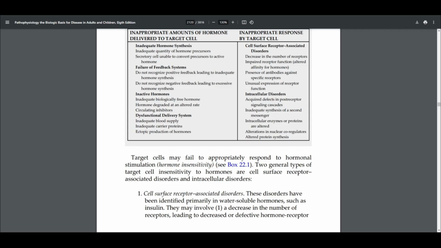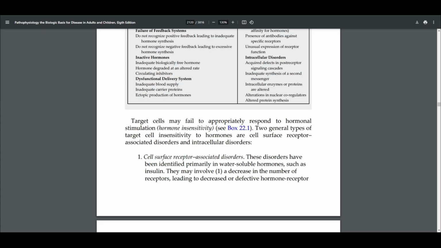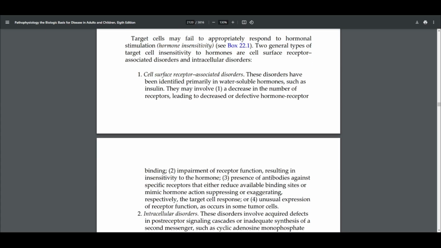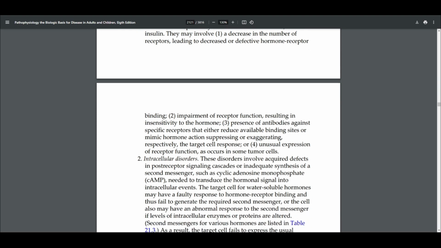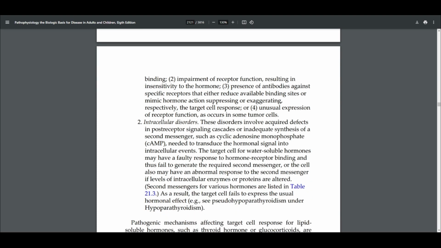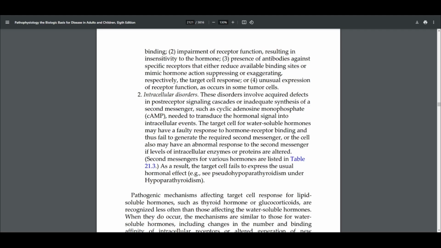They may involve a decrease in the number of receptors, leading to decreased or defective hormone binding and impairment of receptor function resulting in insensitivity to the hormone, presence of antibodies against specific receptors that either reduce available binding sites or mimic hormone action, suppressing or exaggerating, respectively, the target cell response, or unusual expression of receptor function as occurs in some tumor cells.